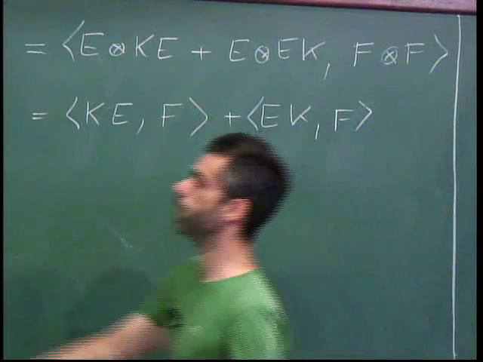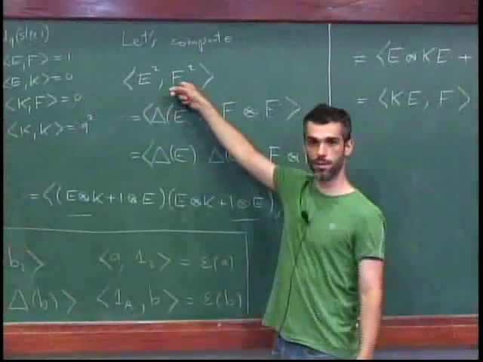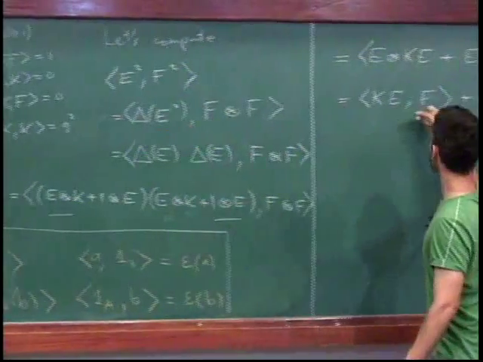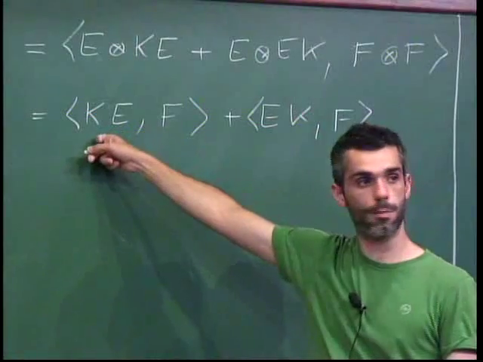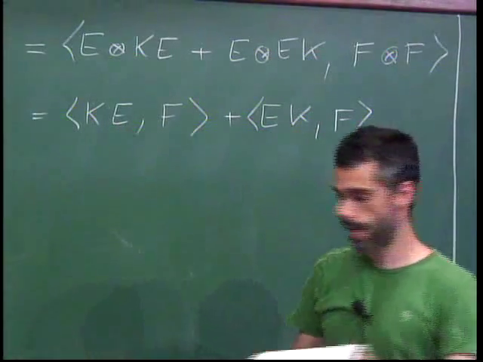Okay, well, we started with something as a product times something that's a product. Now we've got rid of the product on one side, but we still have a product on the other side. So we start again.